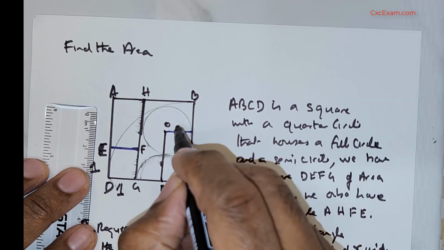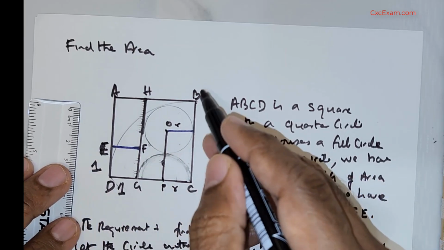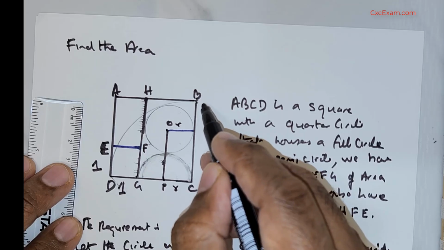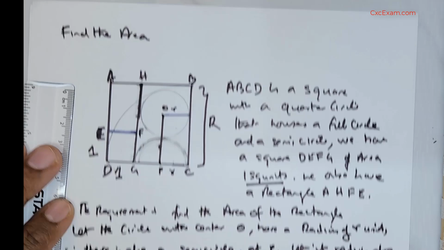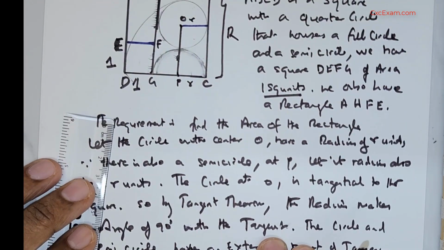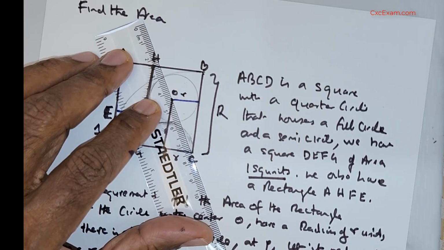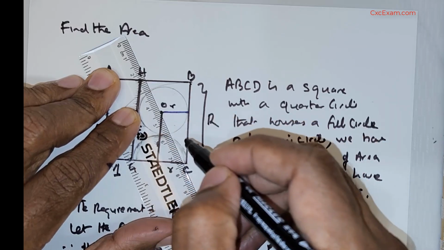Okay. Now clearly we have taken this as r. This is also going to be r. Now let the quarter circle's radii be R. So if the quarter circle's radii is R, this entire length is also going to be capital R. Right?